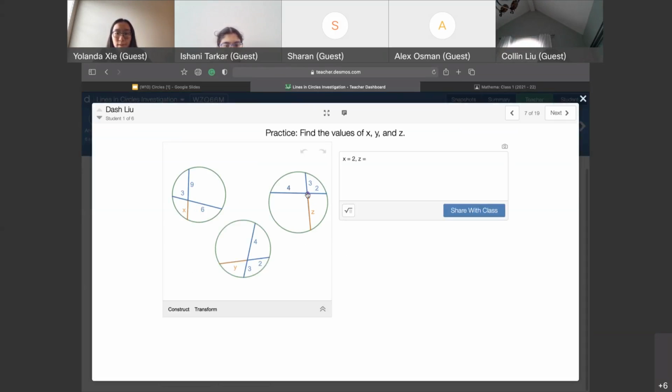You can use a fraction. Oh, okay. Yeah, good question.